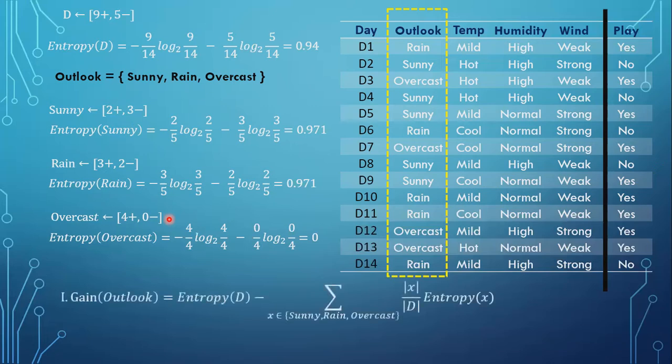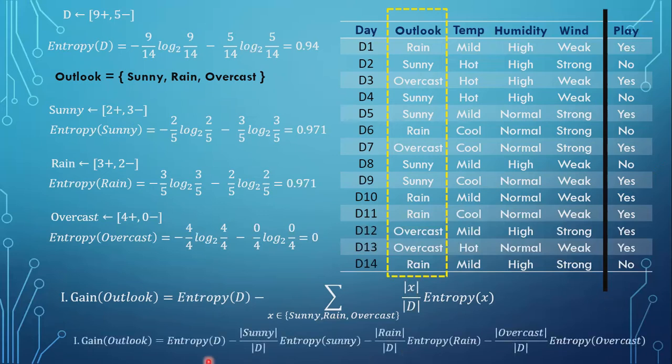Okay. So the information gain of outlook will be equal to entropy of D minus summation of cardinality of X divided by cardinality of D into entropy of X, where X is sunny, rain, and overcast. So this can be elaborated like this: entropy of D minus cardinality of sunny divided by D into entropy of sunny minus cardinality of rain divided by cardinality of D into entropy of rain minus cardinality of overcast divided by cardinality of D into entropy of overcast.